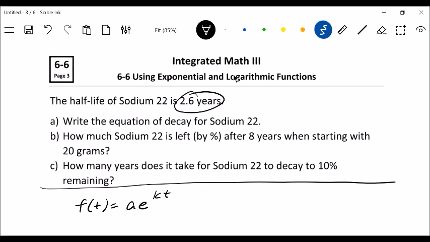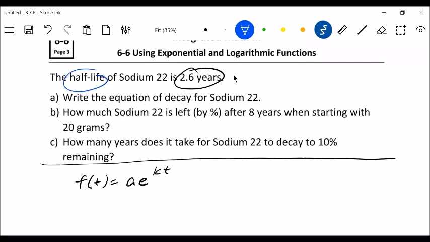You write an equation of decay for sodium 22. Well, we're given not the same info we were given in the others. We're only told that the half-life is that. It takes that long. So that means that at the 2.6 mark, you have 1/2 of the original amount.